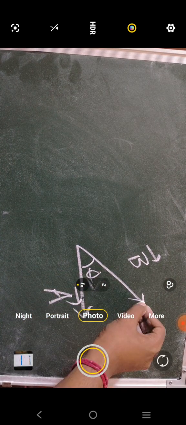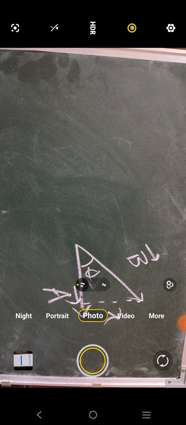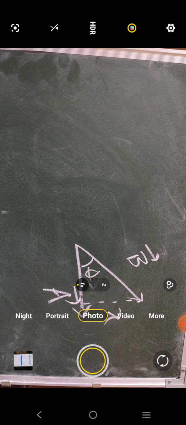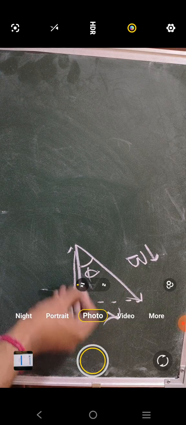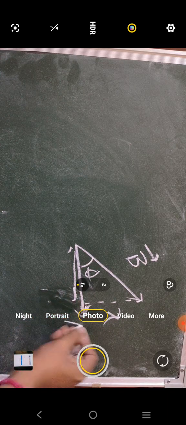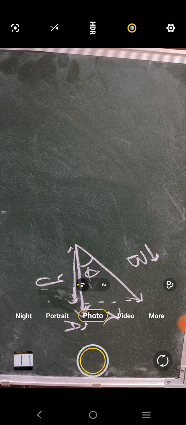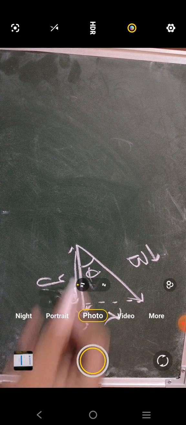Suppose the perpendicular drawn from B to A is X. And let me draw this base as Y. Now, what is the formula of cos theta?